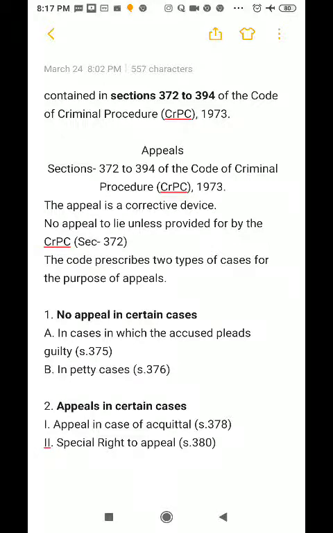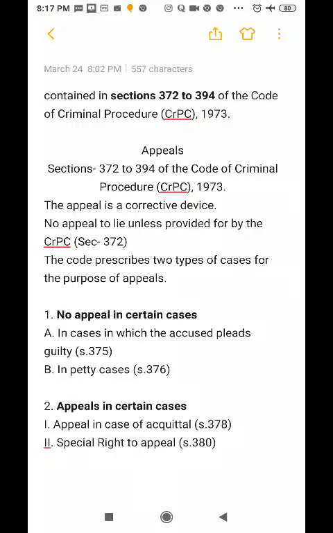If there is no evidence or insufficient evidence, and due to that Mr. Y is being acquitted, then if the state government wants, through the public prosecutor they can file an appeal before the higher court, that is the High Court, in a case which was previously filed in the court of session.